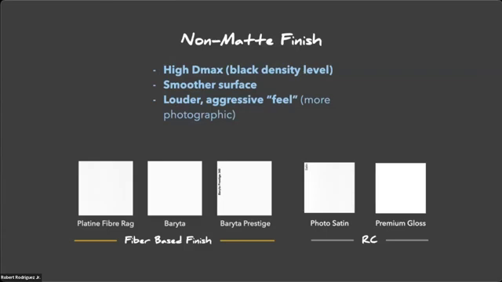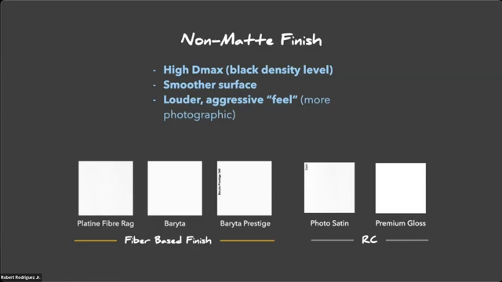And so if you're looking for something that is much more aggressive, another key distinction about the high Dmax papers is that if you need more shadow separation, if you need to separate your tones in the shadows and you want to get more detail in your shadows, then a non-matte paper will generally be better because you have more black, and since you have more black, you have more tones that the paper can produce.